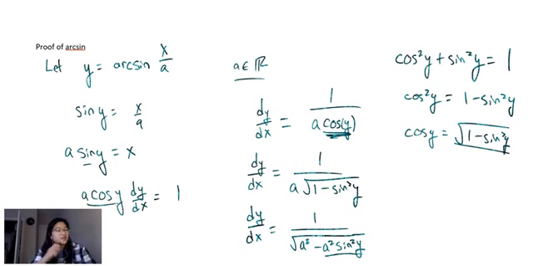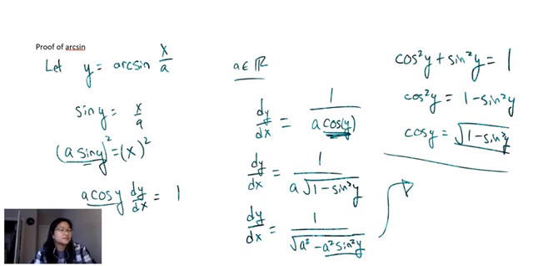A squared times sine squared of y is just x squared, since a sine y equals x, so we can get this back in terms of x. So we have dy dx equals 1 over the square root of a squared minus x squared. And that's really lovely, because now we know that when we find our antiderivative, then we just get back what we started with. So there you go, right?